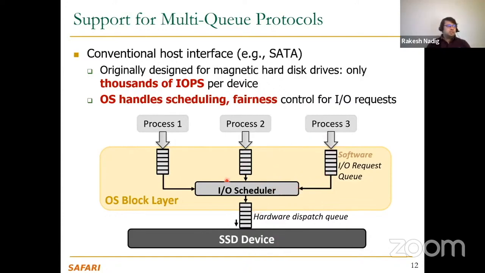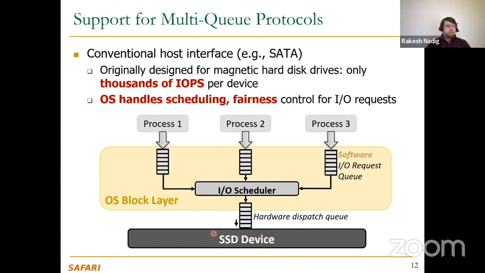So the key responsibility is on the operating system here. And so we only have one request queue, which is facing the device, or through which the requests are sent from the host to the device. And this is why it happens in a serial manner. So the requests are sent in a serial manner, and the device will perform or process the request.